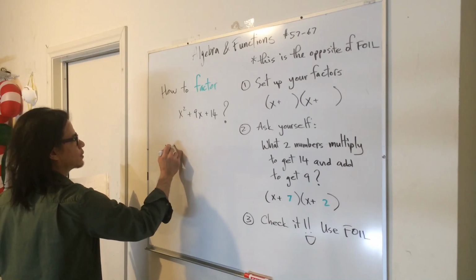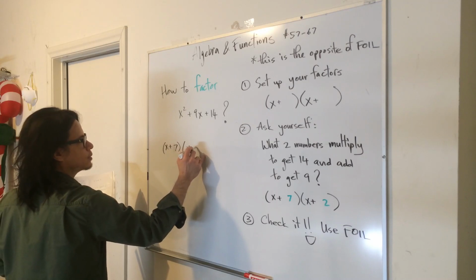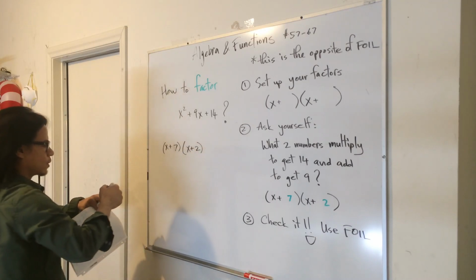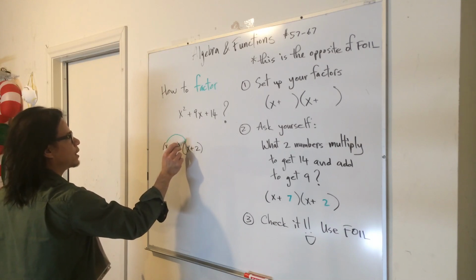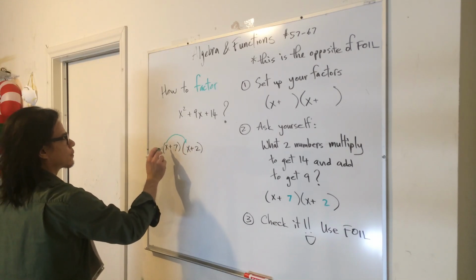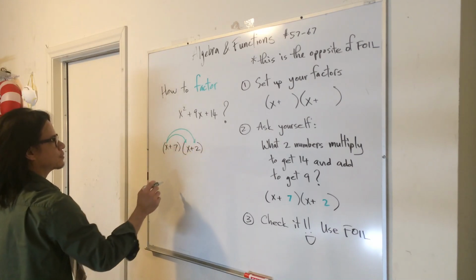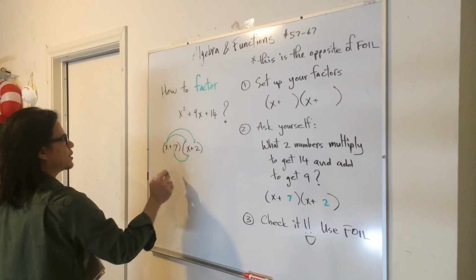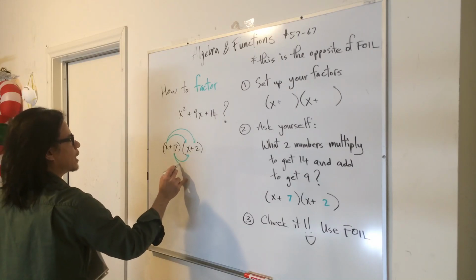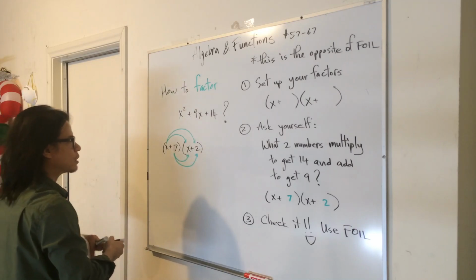X plus 7 times x plus 2. FOIL is taking the first term, x times x, the outside term, x times 2, the inner term, 7 times x, and then the last term, 7 times 2. Let's see what we'll get.